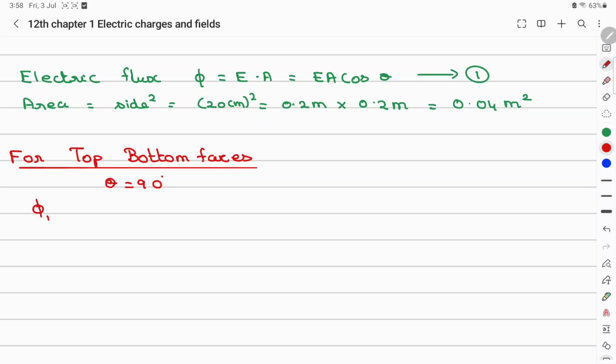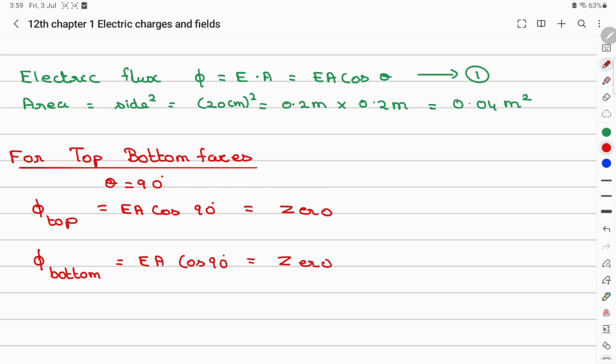So flux on the top will be EA cos 90 degree, which gives you 0 value. Cos 90 degree is 0. Like that, for the flux through the bottom, which is EA cos 90 degree, for this case also the flux will be 0.